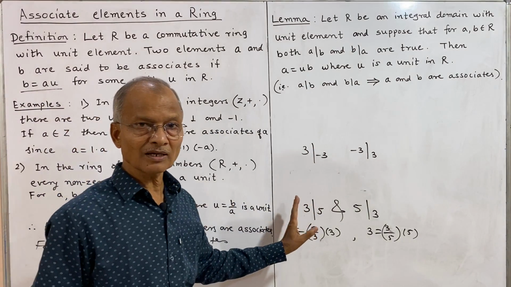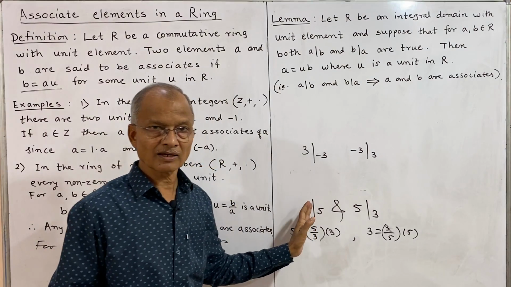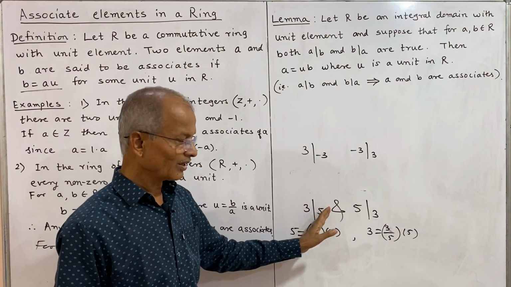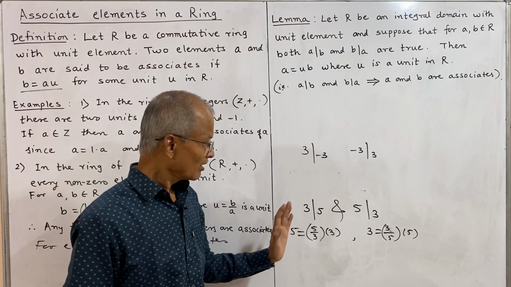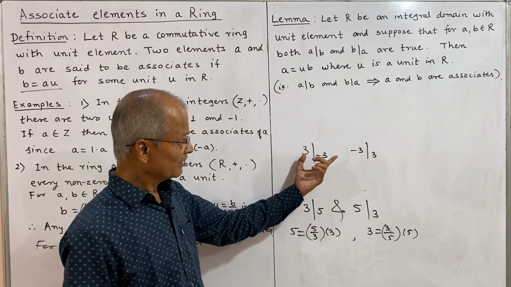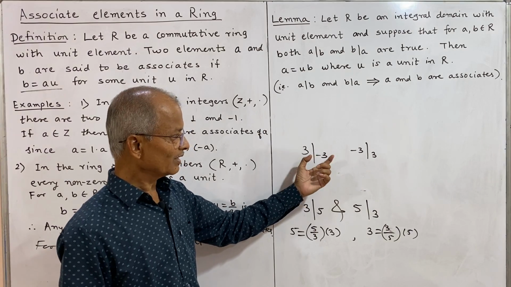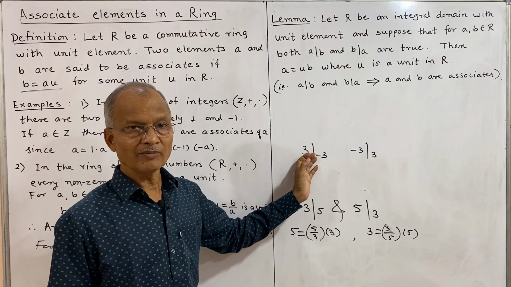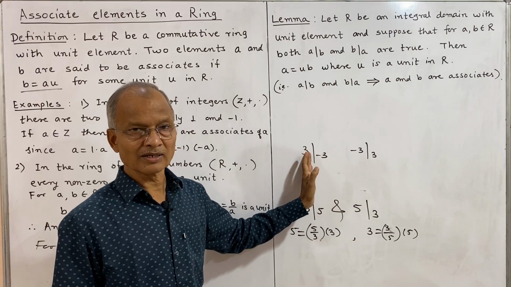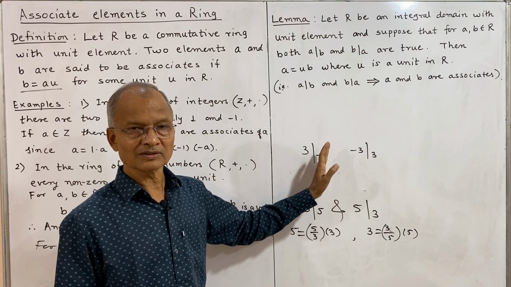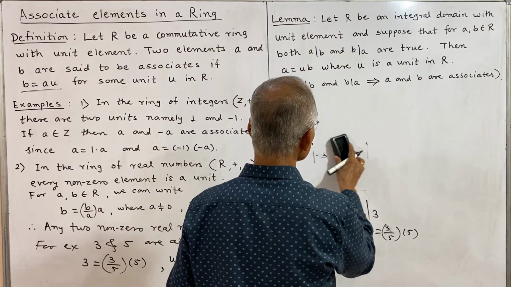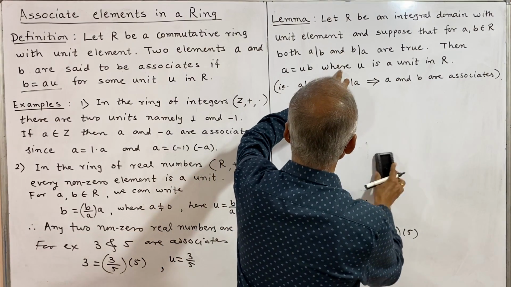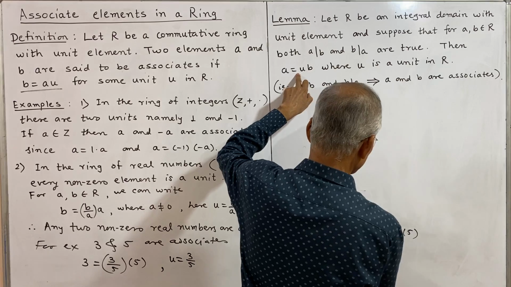So division in the real numbers happens for every pair of non-zero real numbers, but in integers we have a relation of this type only. An element divides itself, or an integer divides the negative of the integer, and the result is a divides b, b divides a, then a is equal to u into b.